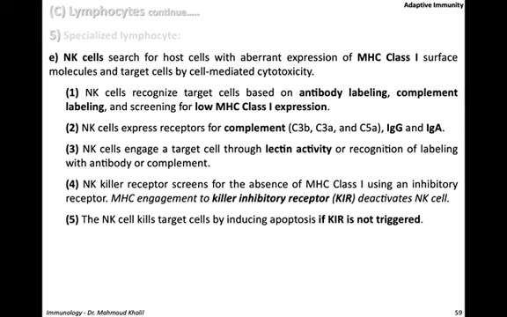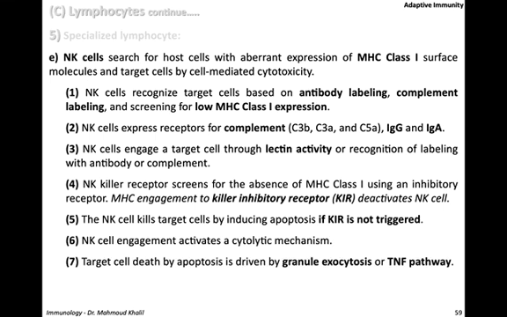So once they express this kind of ligand and the NK cells detect it, the NK cells will be deactivated. The NK cells kill target cells by inducing apoptosis if the KI receptor is not triggered.